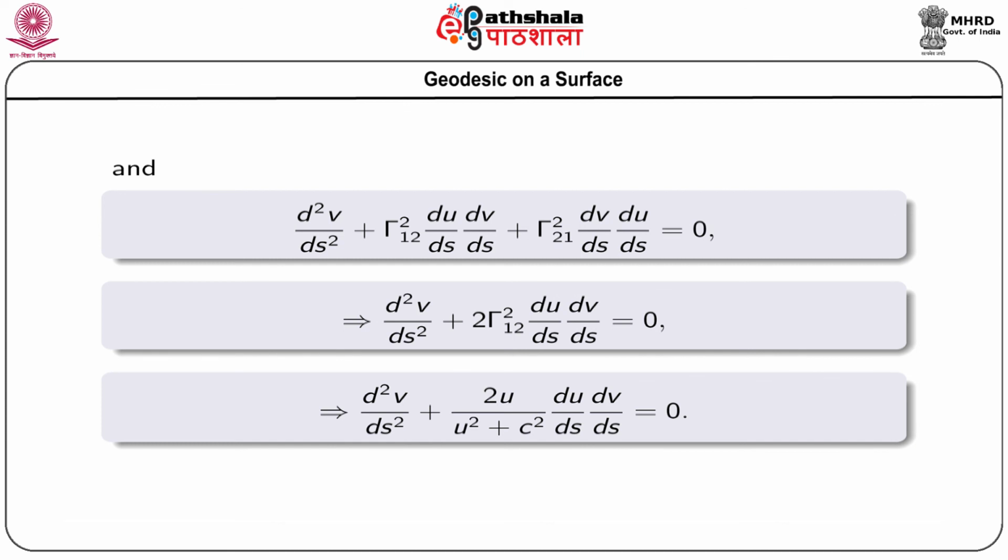So, in module 2 of chapter 6, we have learnt about the geodesic on a surface, which is the shortest distance between 2 points on a surface, and we have obtained the differential equation of the geodesics.